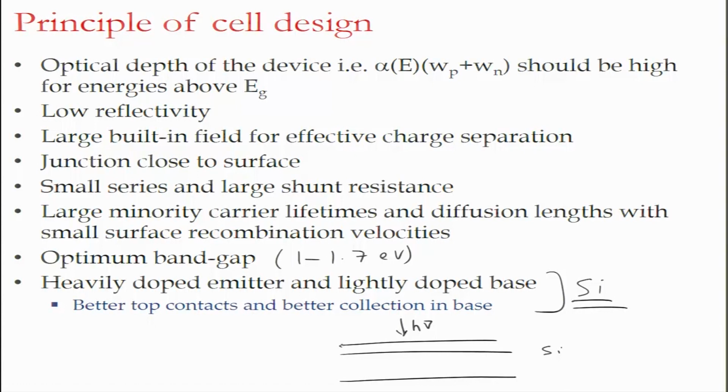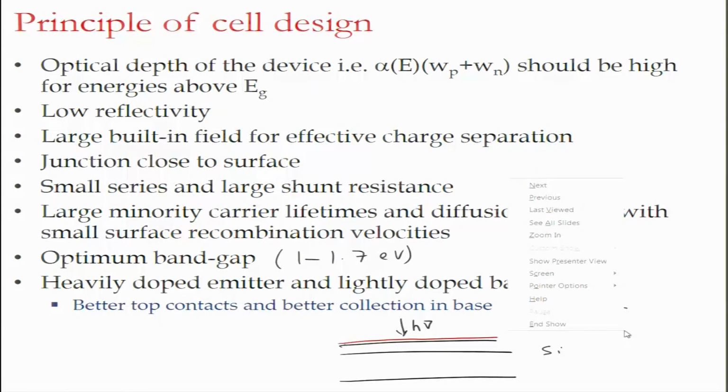You have to have very good contacts so that you can minimize the contact surface area on the surface, otherwise most of the light will get blocked. Metal is opaque to light. If you put a whole layer of metal on top, then nothing is going to be absorbed. So what you want to instead do is minimize this coverage.